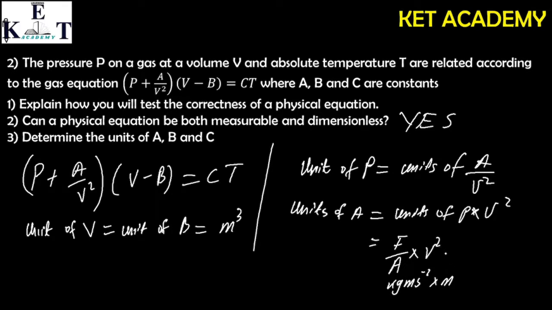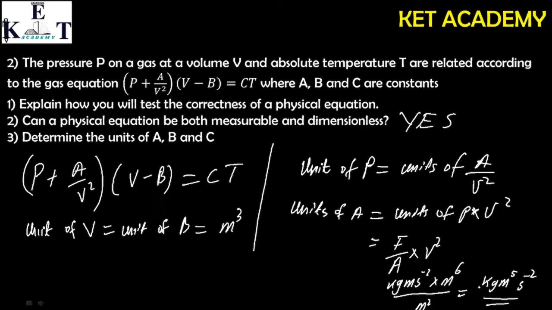Squaring that gives us meters to the power 6. Now divided by the area, which is meters squared, we simplify to get kilogram meters to the power 7 minus 2, so kilogram meters to the power 5 per second squared. So that is the unit of A.